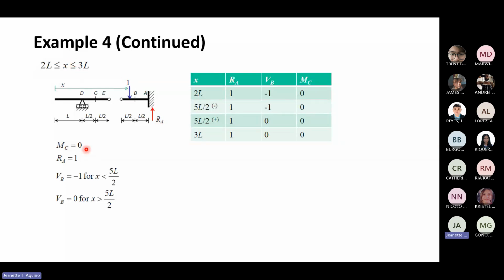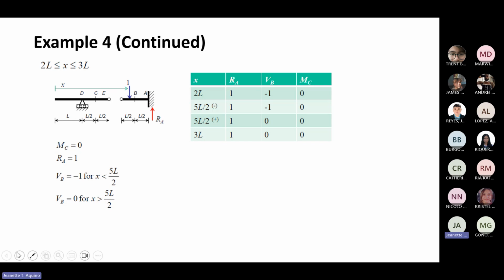So moment at C is equal to 0, because your load is after C. The reaction at A will be 1, because you only have this point load. Then shear at PB is equal to 1 for X greater than 5L over 2, and PB equals 0 for X less than 5L over 2.